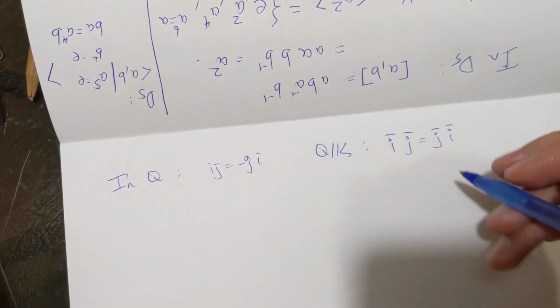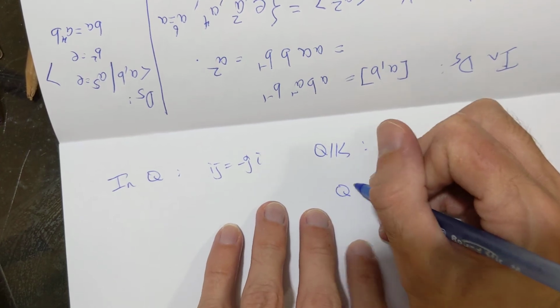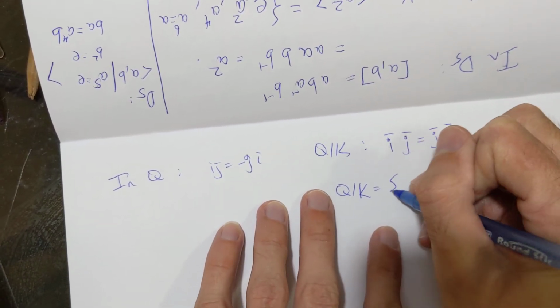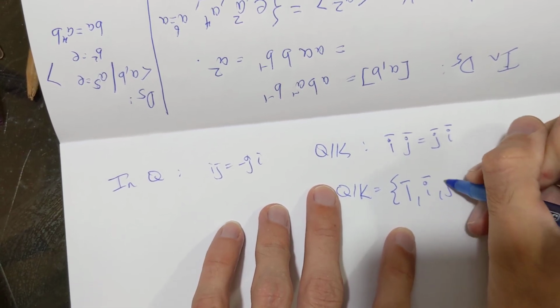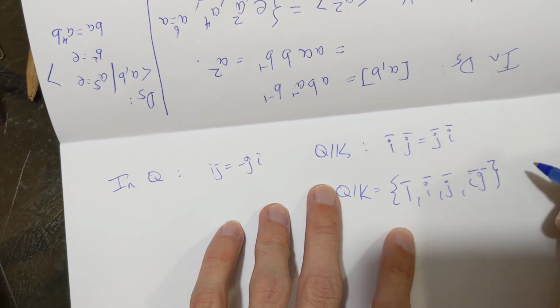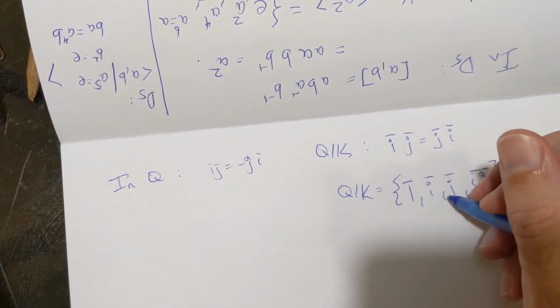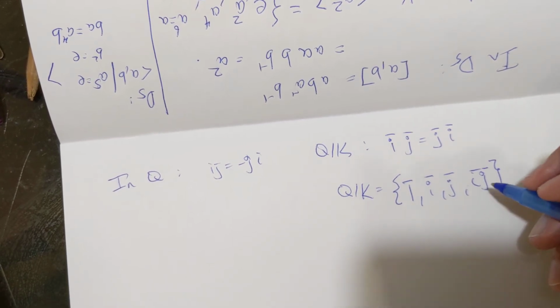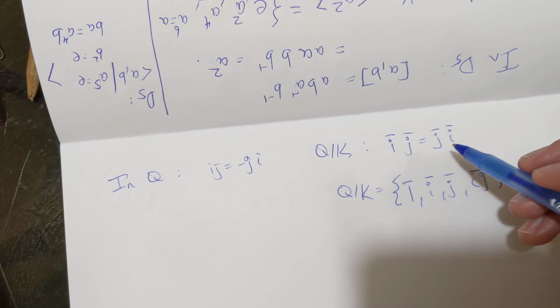And so Q mod K is just the group 1 bar, i bar, j bar, ij bar, which is an abelian group where ji is the same as ij, and i squared is 1, j squared is 1.